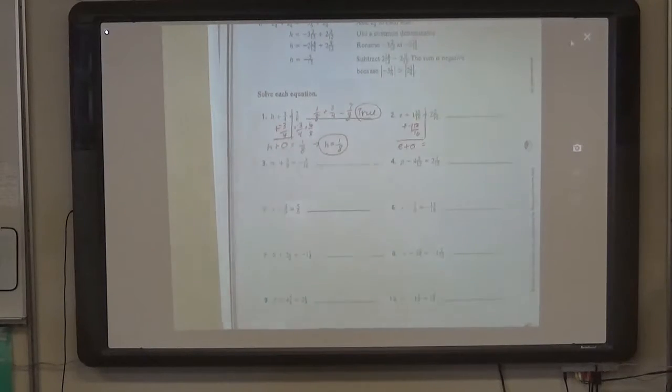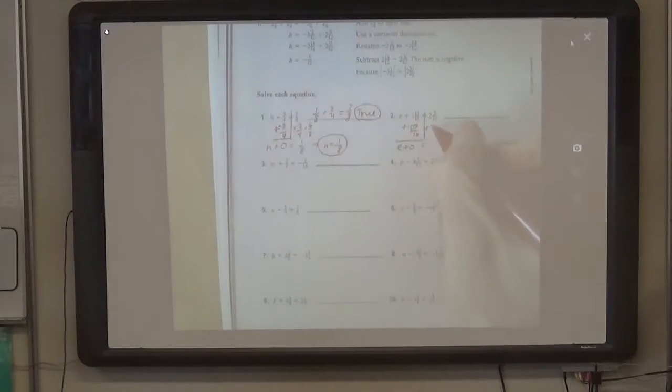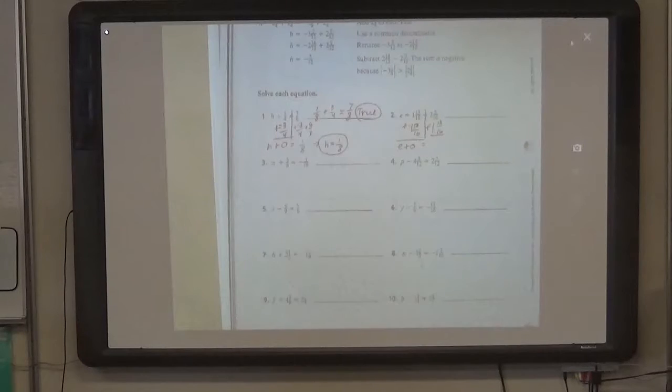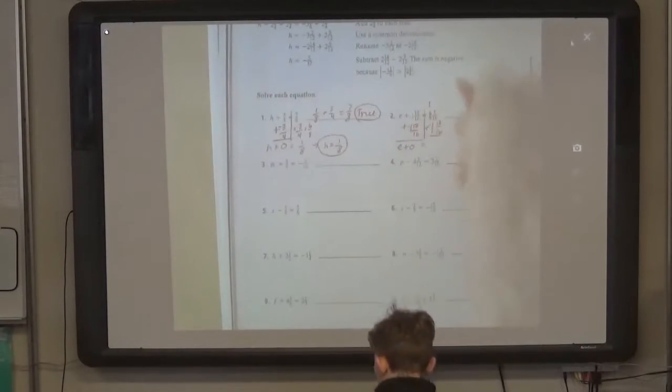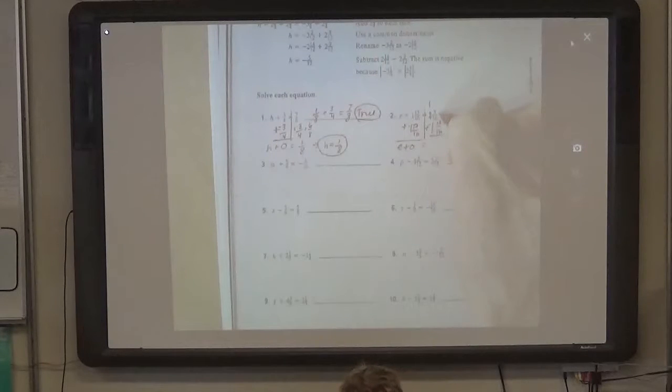But we can't do 5 take away 13. This is a lower number, but we're going to need to regroup this because we don't have enough pieces. So we have to take away a whole and add 16 pieces to the 5 we already have.